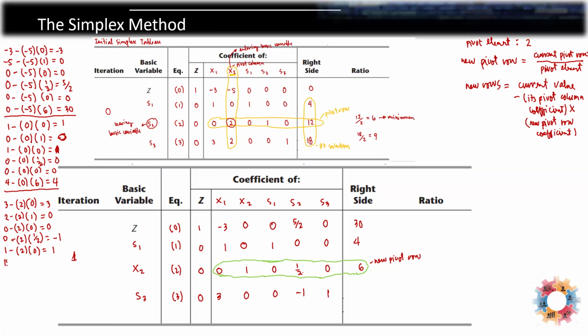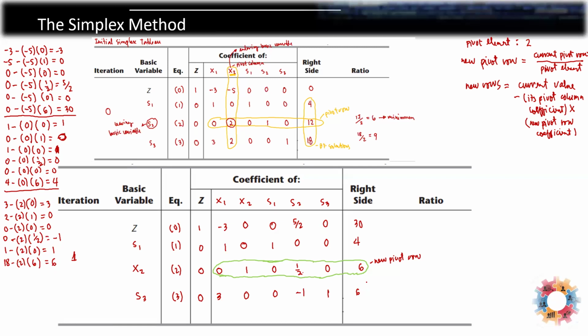So you have 18 minus 2 times the new pivot row coefficient, which is 6. That's equal to 18 minus 12, which will give us 6. So this is 6.